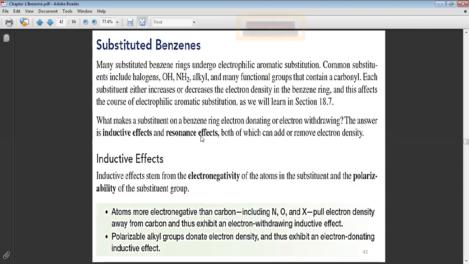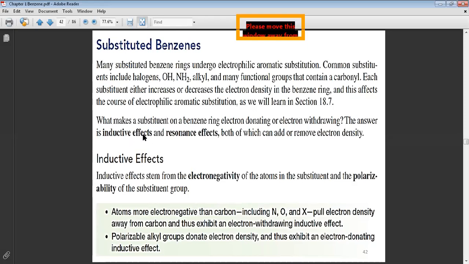For the aromatic system, there is no overlap between the p orbital of the alkyl group and the p orbitals of the benzene ring. That means we just have two effects: the inductive effect and the resonance effect.